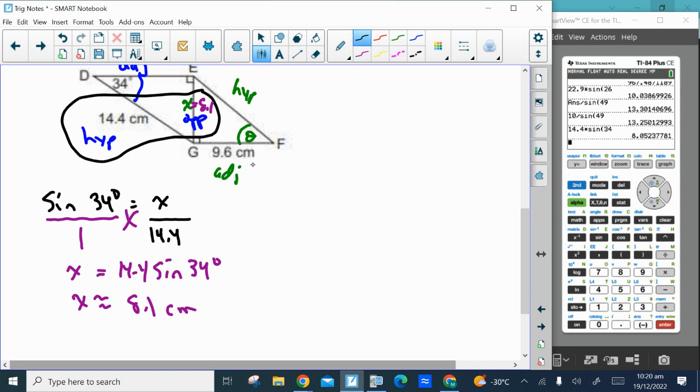So in this case, I'm going to use the opposite and the adjacent. I found the opposite. I was given the adjacent. So to find theta, I'll use the opposite and the adjacent, which is the tangent ratio. The TOA part tells us it's opposite first, adjacent second. Opposite on top, adjacent on the bottom.